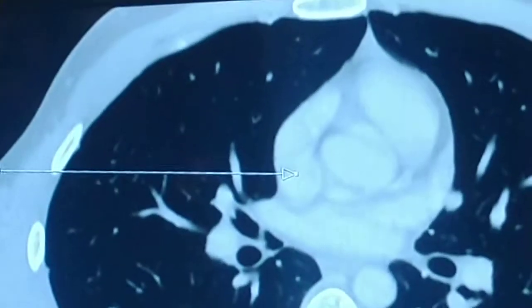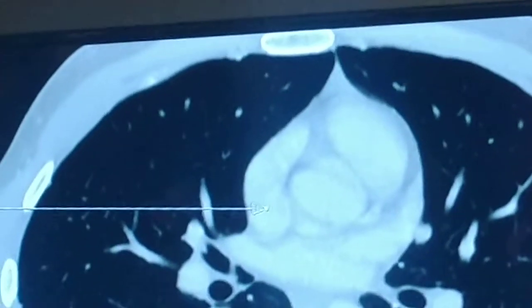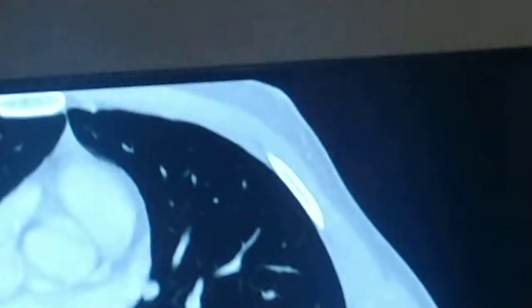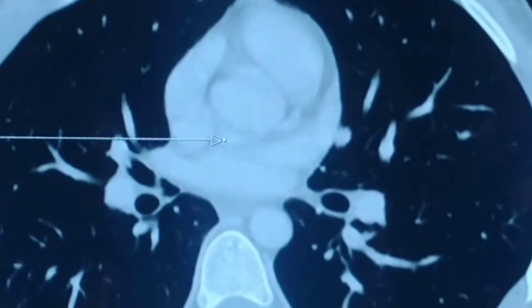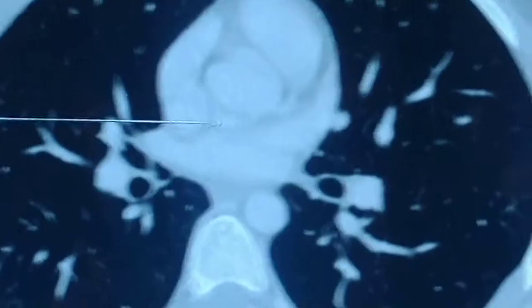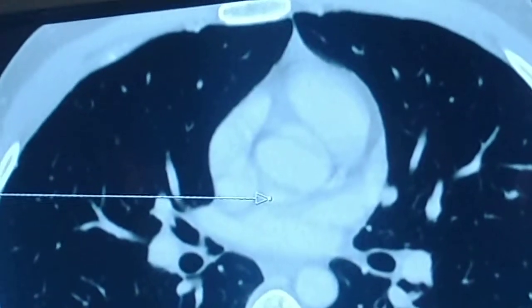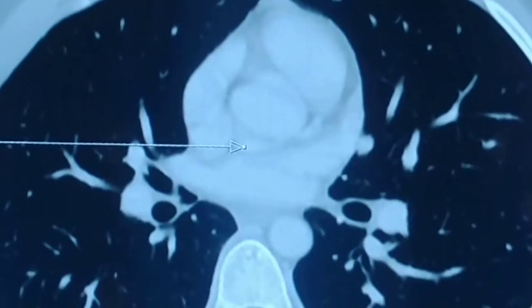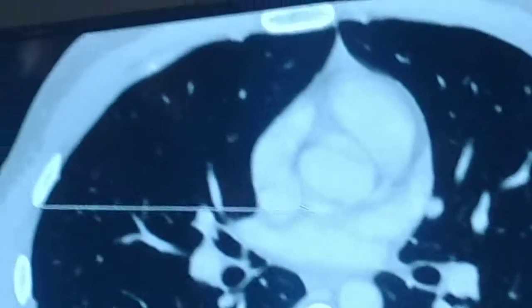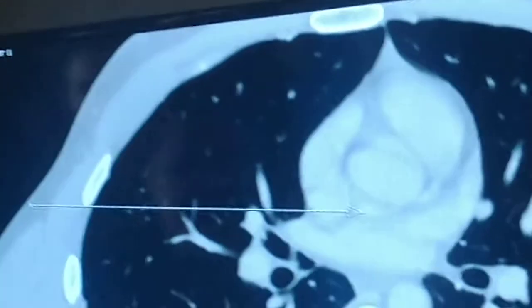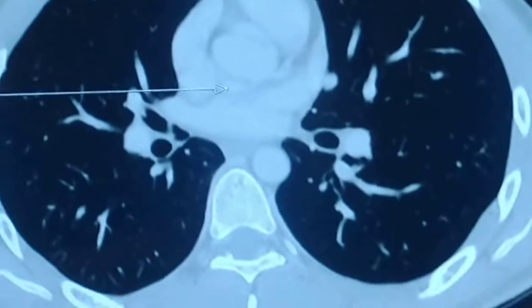Left atrium. That's the right atrium. Right atrium. So what's that? That thing right there is going to run into the right atrium. On the right side. Yeah, coronary sinus. That is the coronary sinus. That's the venous drainage of the heart.